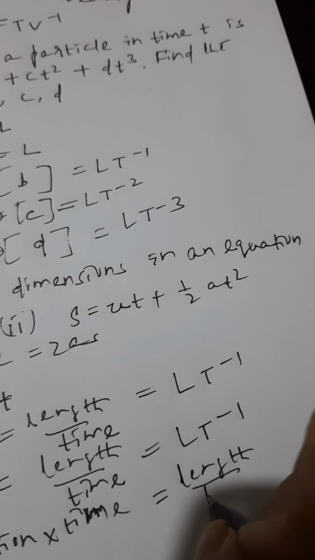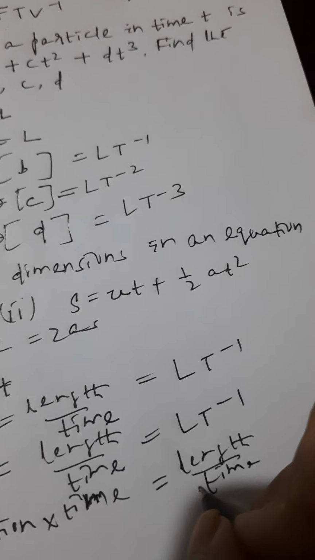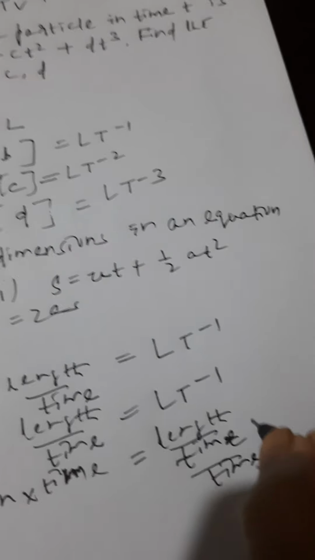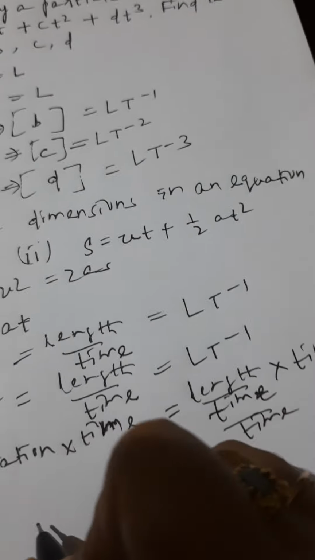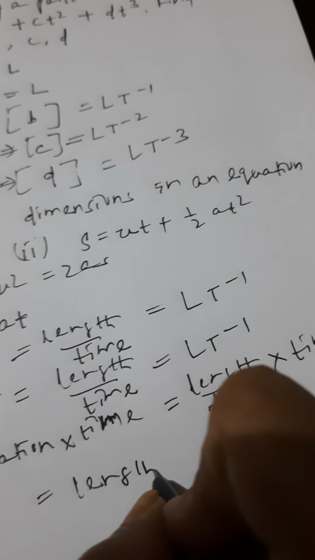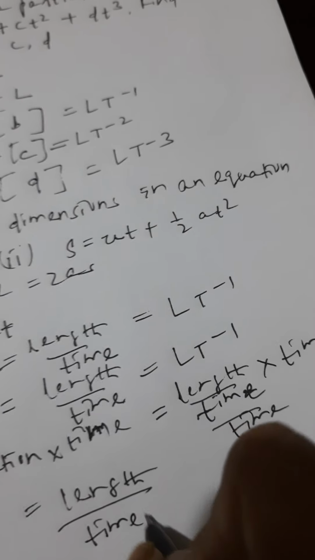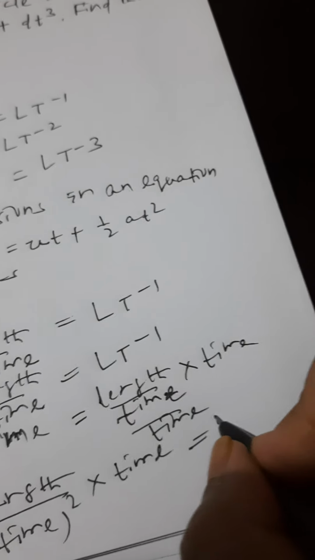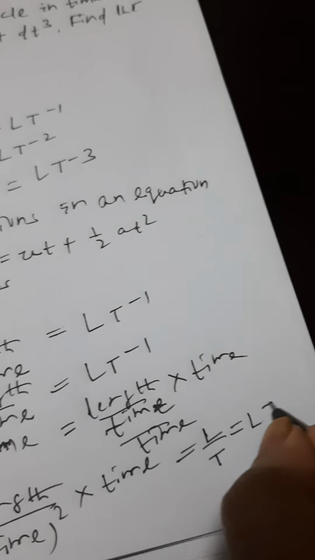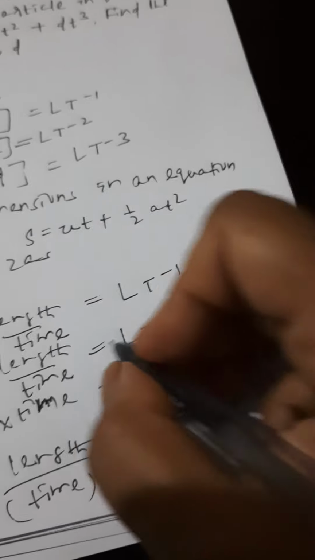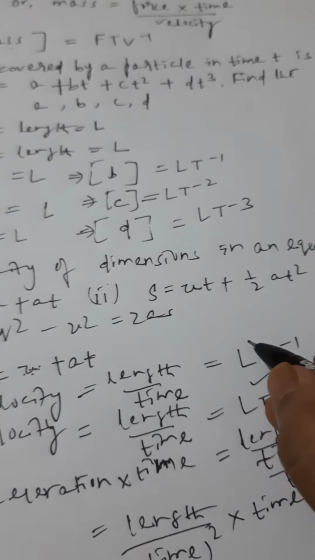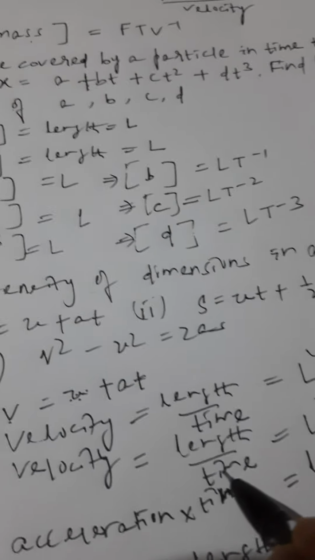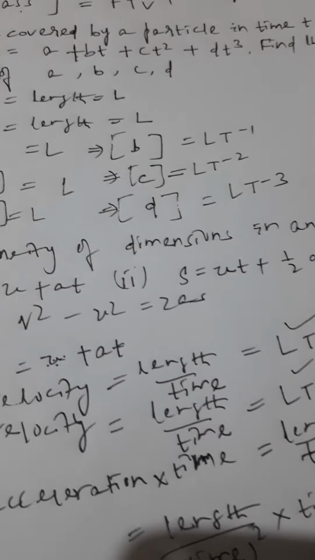So length by time by time into time is equal to length by time square into time, which is L by T, equal to L T inverse. So in these three cases we have L T inverse, L T inverse, L T inverse, so all are the same. So this equation is correct.